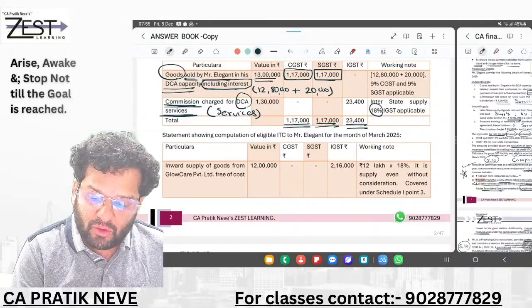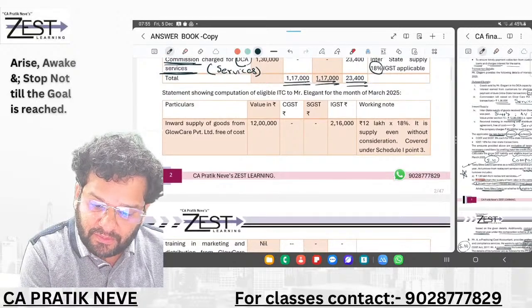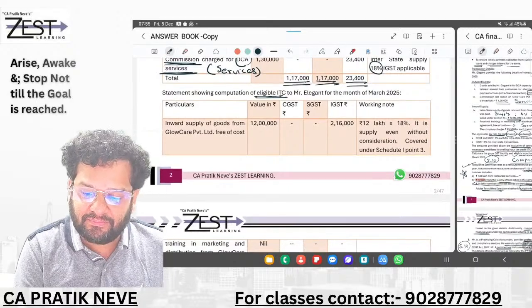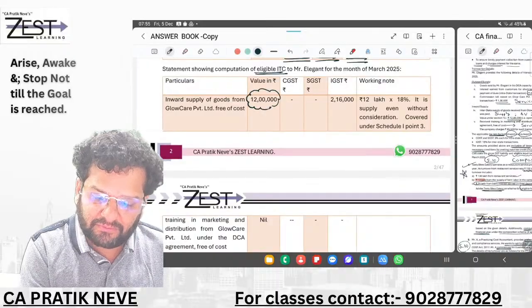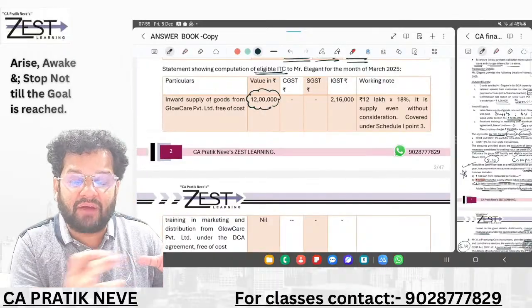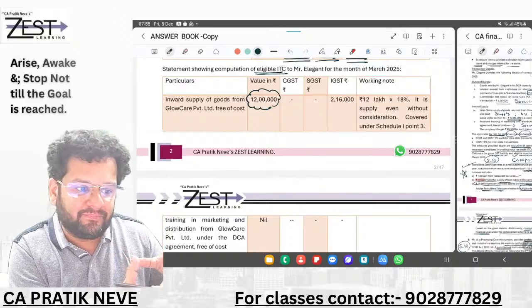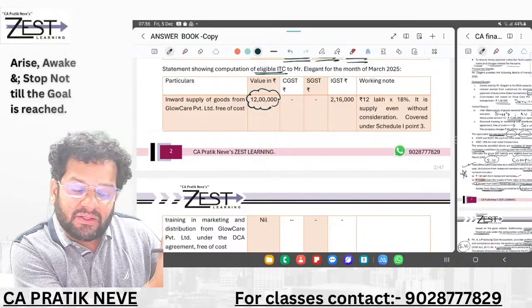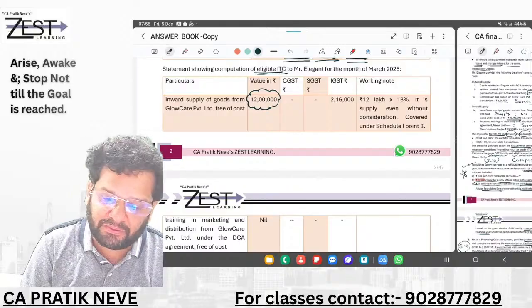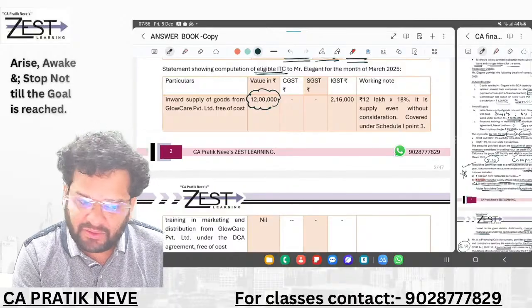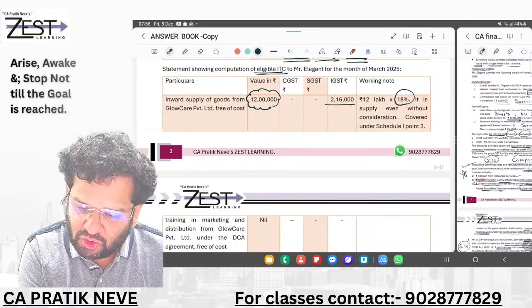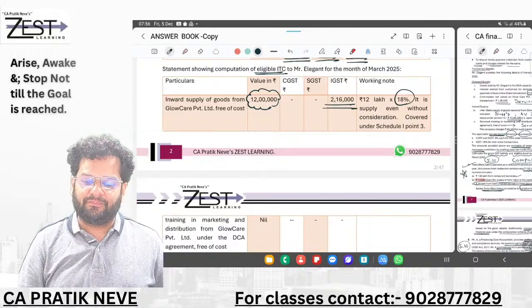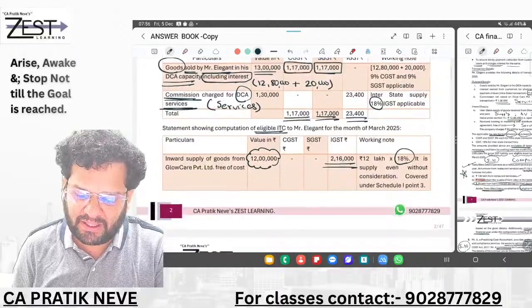And now, when I talk about eligible ITC, it's going to be 12 lakh rupees. That is my value of inward supply, that is to the extent goods received from principal. So on that 12 lakh, GST will be at 18%, which is 2 lakh 16,000 because it is interstate supply.